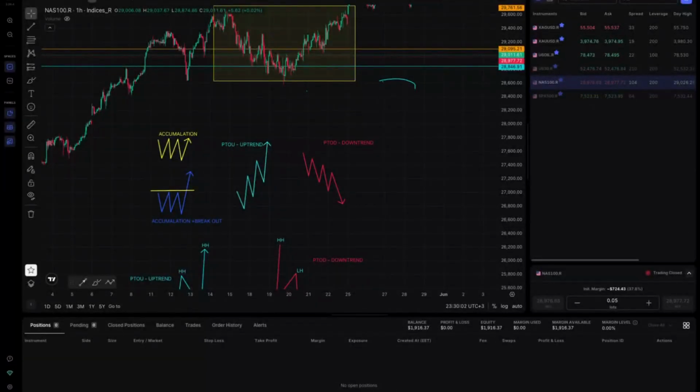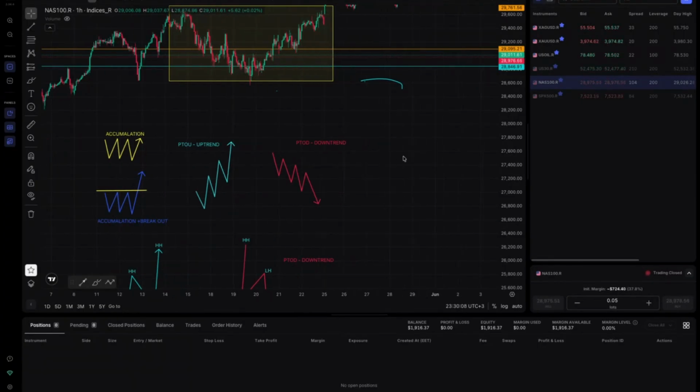All right. So, for example, let's just go ahead and build this from the ground. Let's say the high chain, which is the PTOU, the uptrend, price decides to make a high. Then it makes another high here that's higher than the last high.